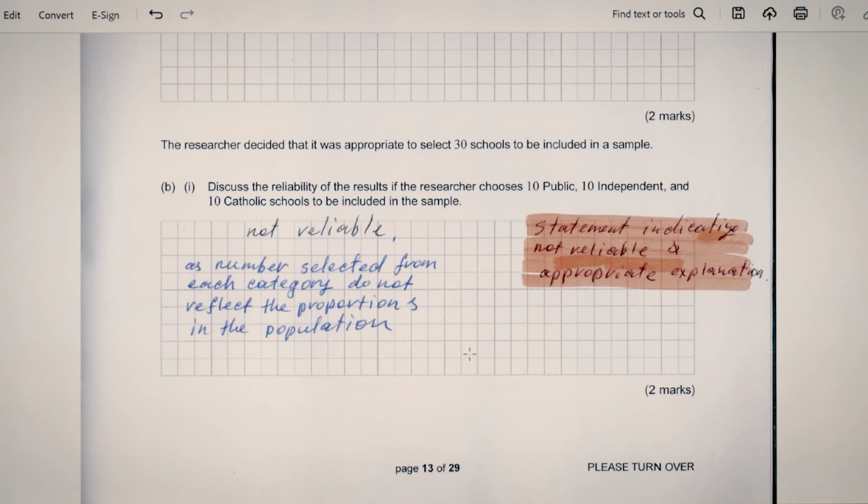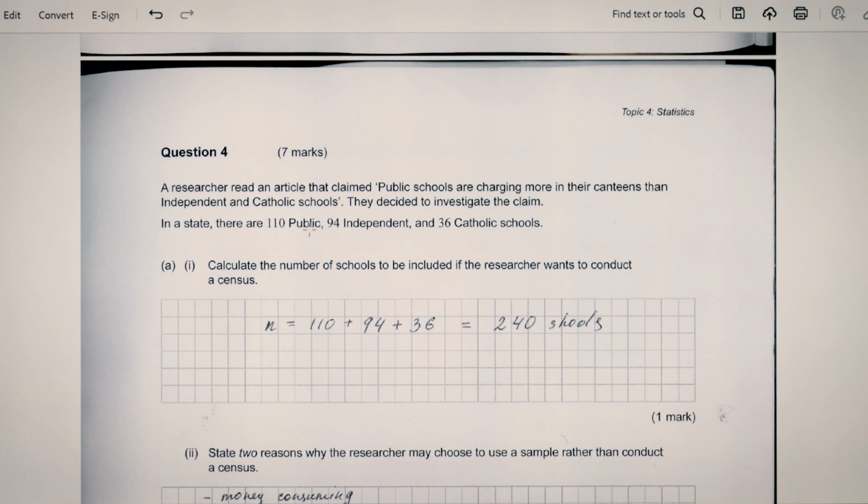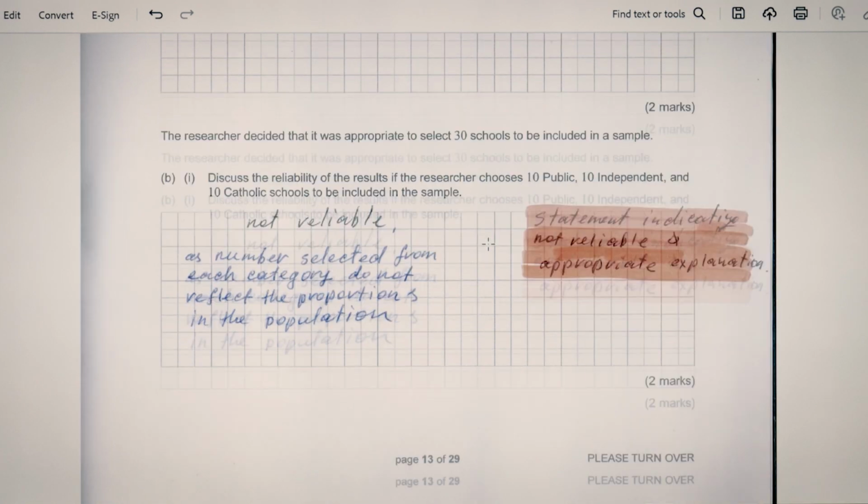They can say that stratified sampling is better, but normally we are looking for some indication of the proportion. Which schools are more? There are more public schools, and we took only 10 of these. There are fewer Catholic schools, and we took only 10 of these. It's not fair. So something with proportion, that's the answer we are looking for.